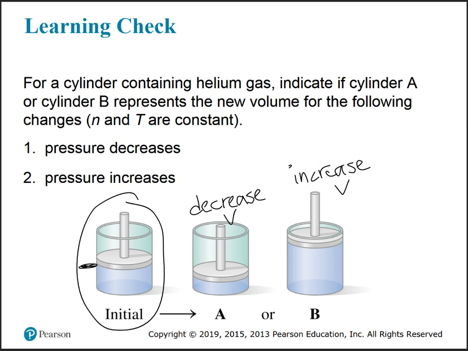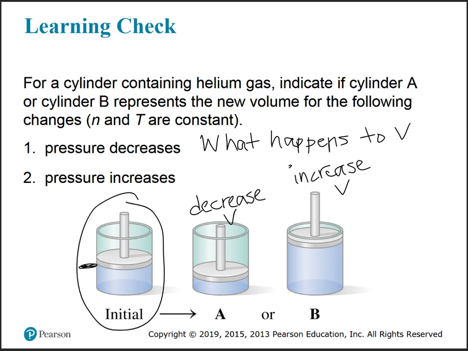Let's say we took this initial cylinder and we decrease the pressure. Will the volume increase or decrease? What happens to the volume? We decrease the pressure, so the opposite happens to the volume.